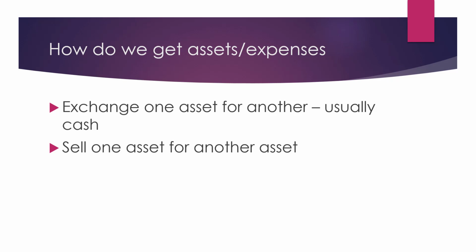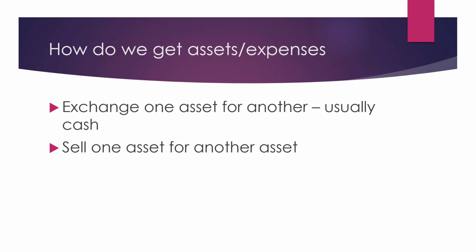So we're exchanging our inventory. Say we're selling shoes. We're exchanging the shoes we have made to the customer, and they are giving us either cash or a promise to pay us in the future. So that's a very common and probably the most common way we get assets.